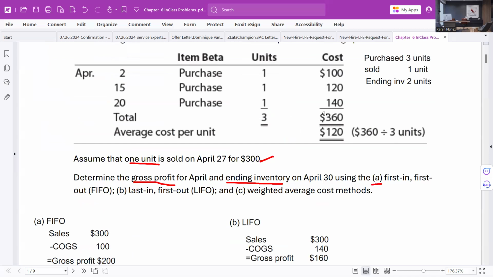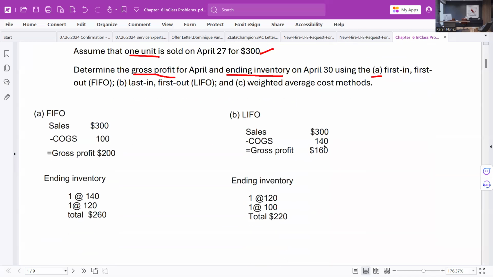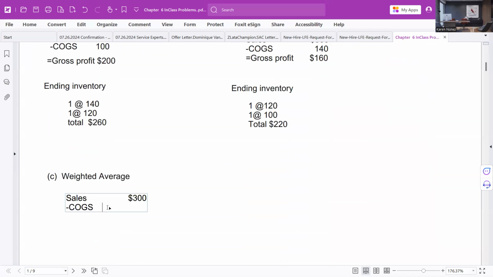The total cost of 360 divided by the total units, $120. Every unit is going to have a cost of $120 essentially. So the gross profit is 180.